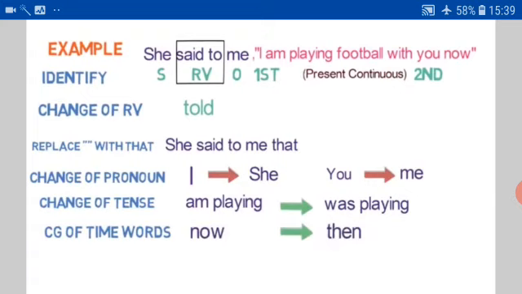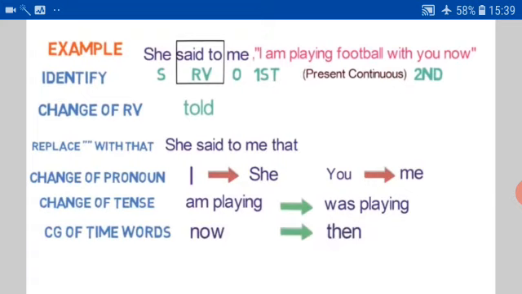Third step, replace comma with "that". So we have to remove the commas here and we are using "that", and the sentence will be like this: She said to me that, and said to changes into told. Change of pronoun, it's our fourth step, and according to this step we have to change first person pronoun according to the subject of the reporting verb, and the subject is she.